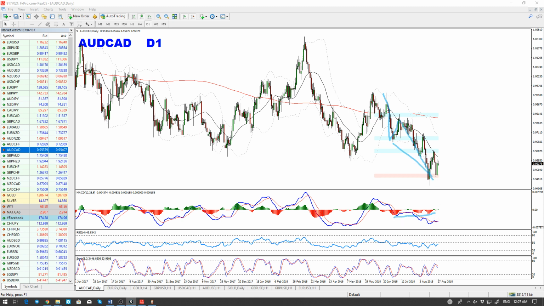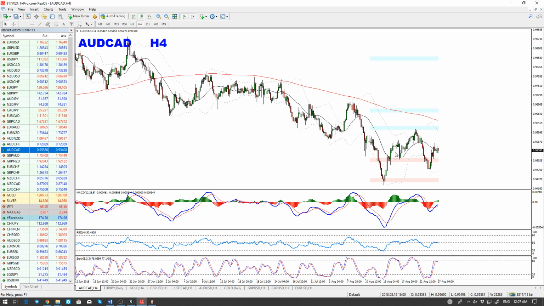This is our divergence in play. And the 4-hour chart by itself is not supporting the divergence, because we don't have here the 2 candles rule in play.